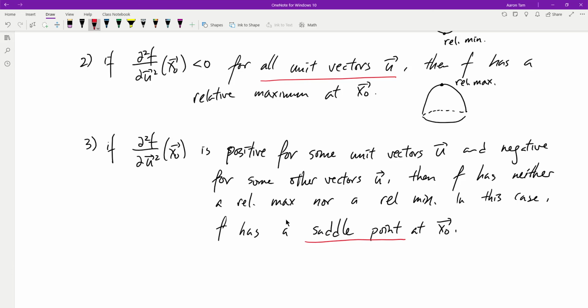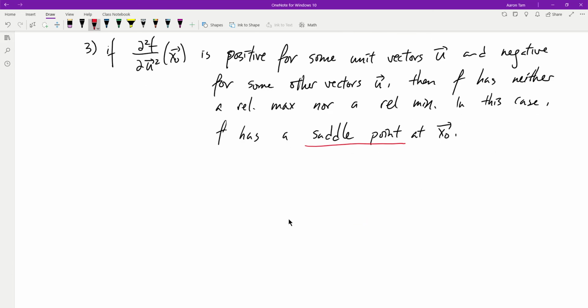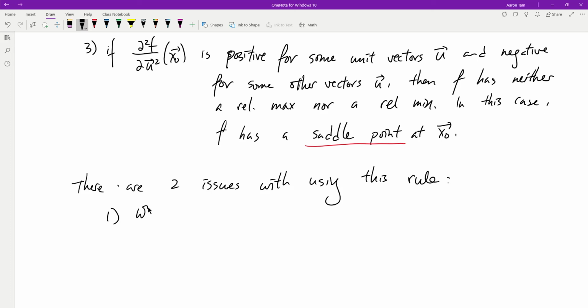Now, of course, there are two major issues relating to how to apply this rule. So let's talk about them. What are the two issues with it? Number one, what is this thing?